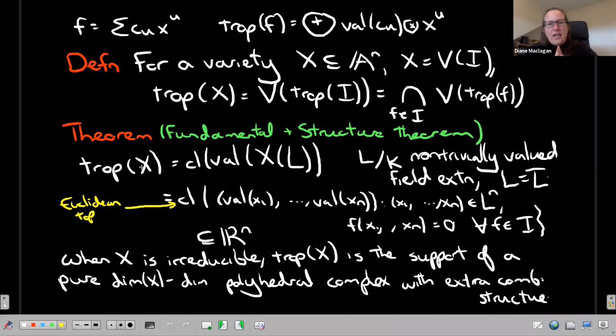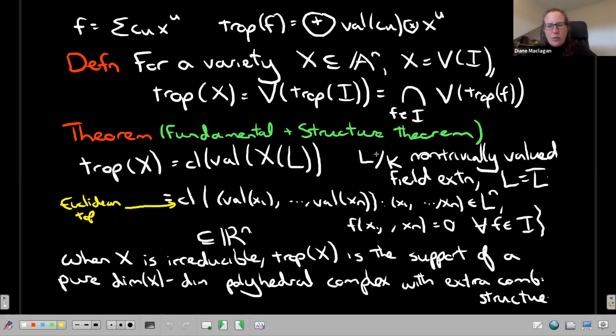I started by saying tropical geometry is a combinatorial shadow of algebraic geometry. The shadow comes in as follows. The tropicalization of X is, basically, I apply the valuation to X and maybe take the closure in the Euclidean topology. What does this mean?